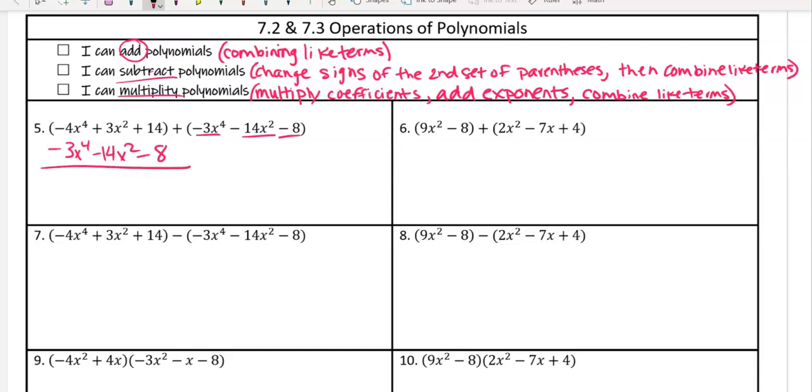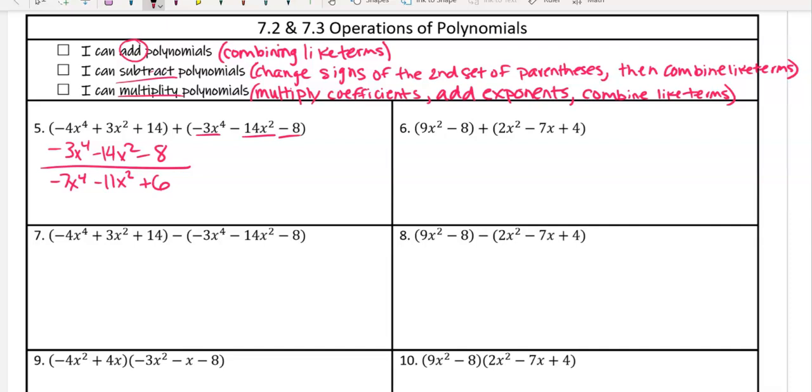I know some people really like the vertical alignment. So negative 4 and negative 3 is negative 7. 3 minus 14 is going to get us a negative 11. And then 14 minus 8, we are left with a positive 6.